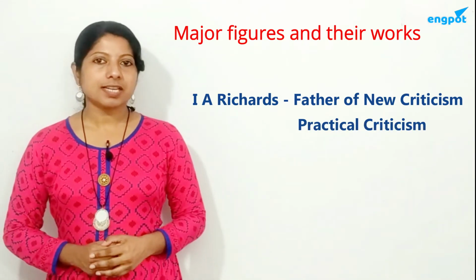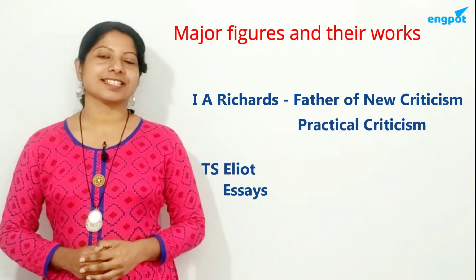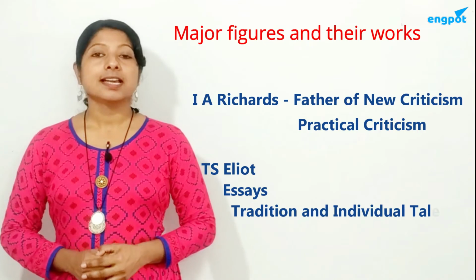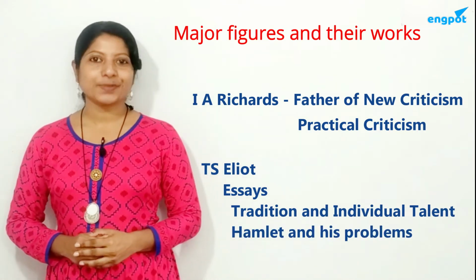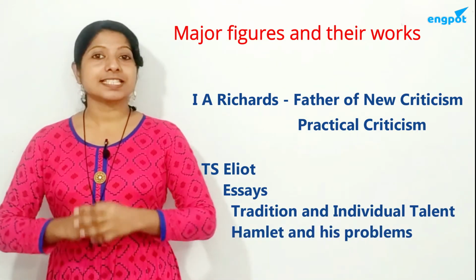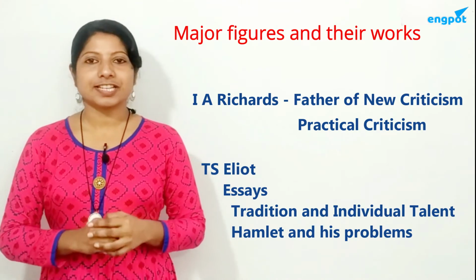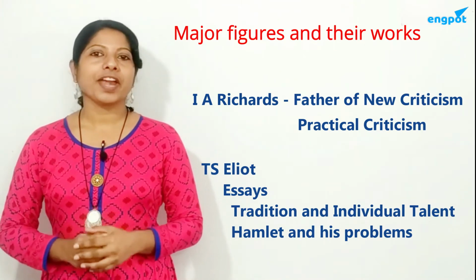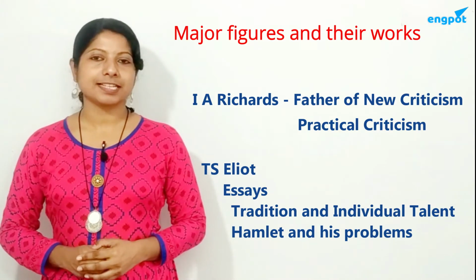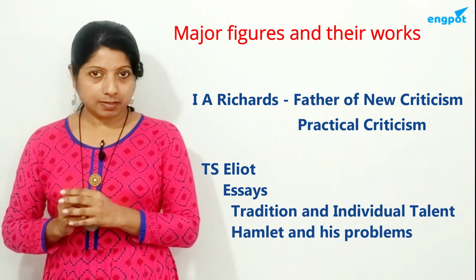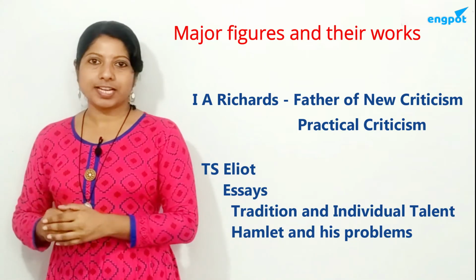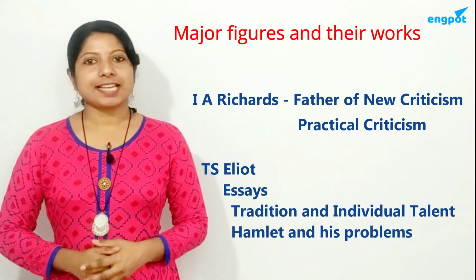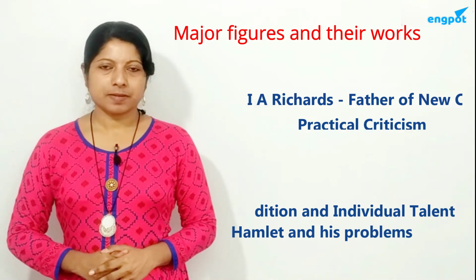When it comes to T.S. Eliot, his seminal essays Tradition and Individual Talent and Hamlet and His Problems are to be remembered. It is in the second part of Tradition and Individual Talent that he deals with his famous theory of impersonality of poetry. And the concept of the objective correlative was popularized in his essay Hamlet and His Problems.